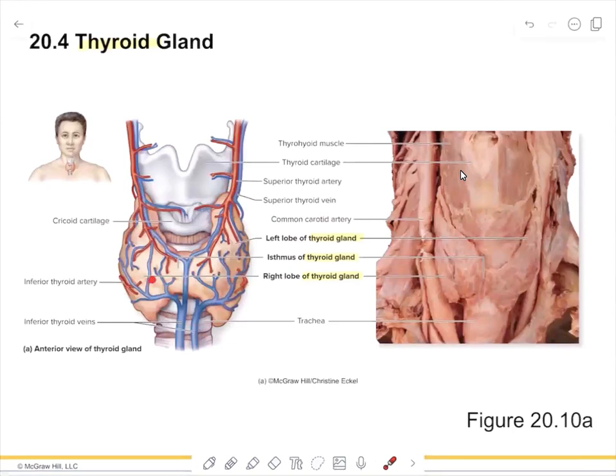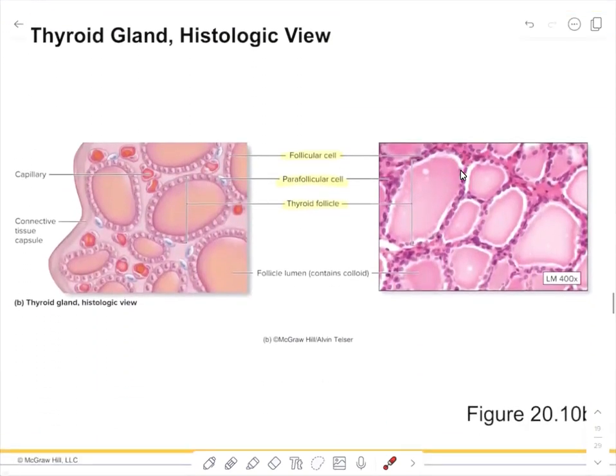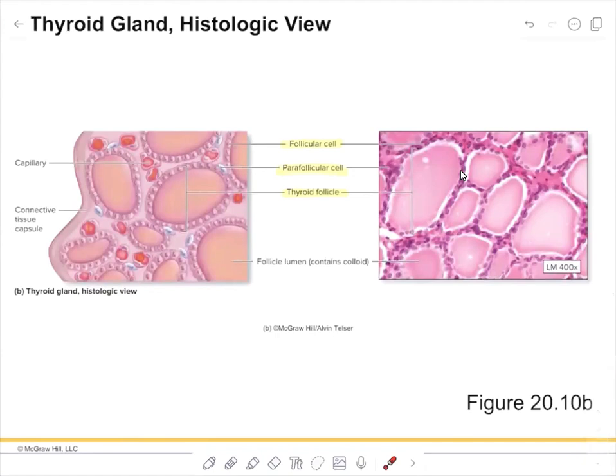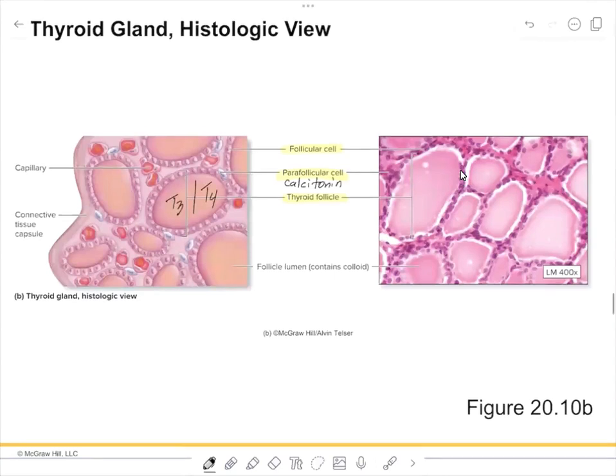And then within the thyroid gland itself, it contains the thyroid follicle, which is what makes the T3 and the T4, which is the thyroid hormone. And the parafollicular cell is what's going to produce the calcitonin. So there's actually two hormones secreted from the thyroid gland.